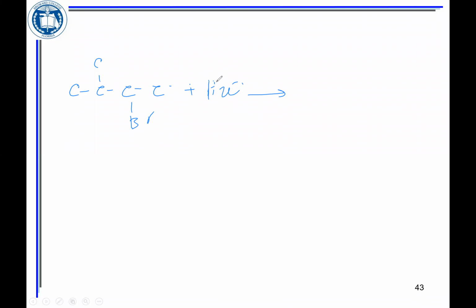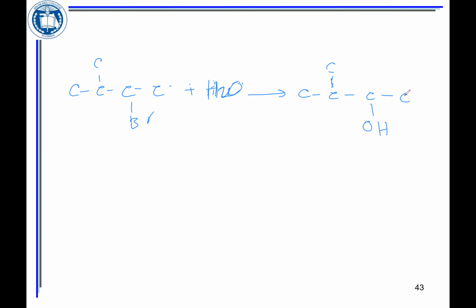What product would you expect to get? What's going to happen if you add H2O to this alkyl halide? Won't the bromide leave? The bromide would leave and you would get hydrogen bromide. You would get OH, right? Yeah, OH. This is the expected product.